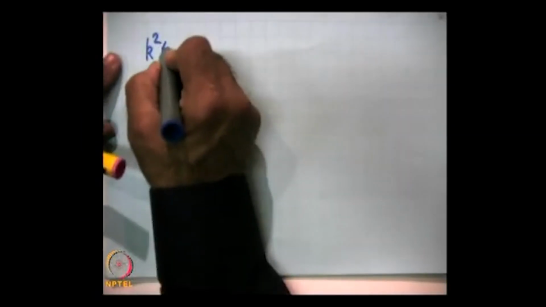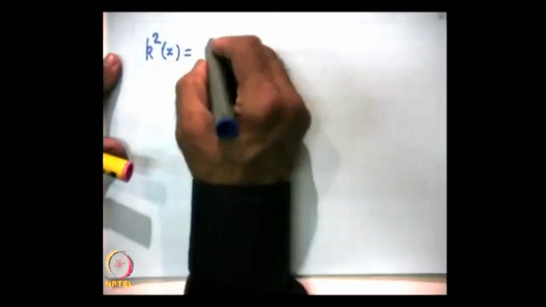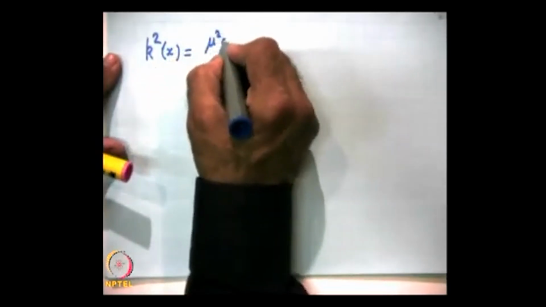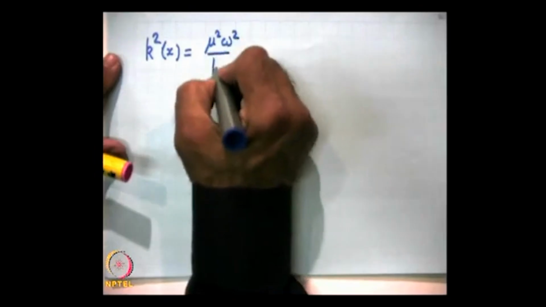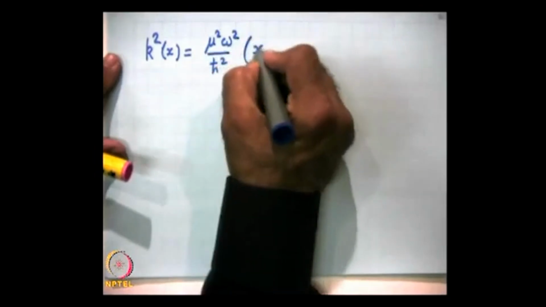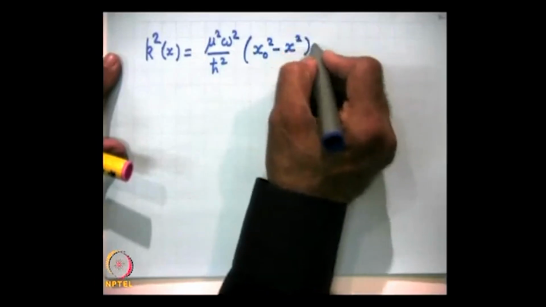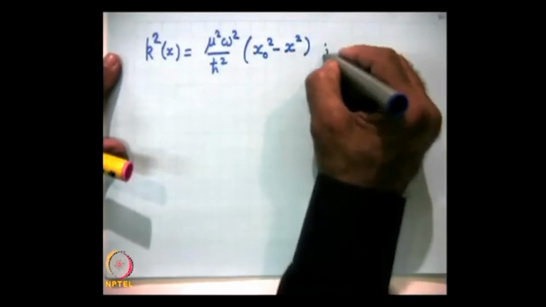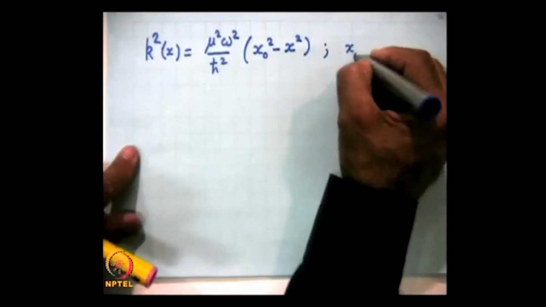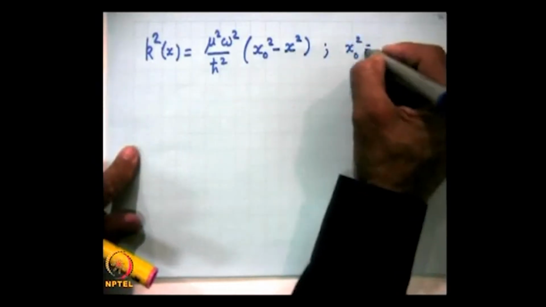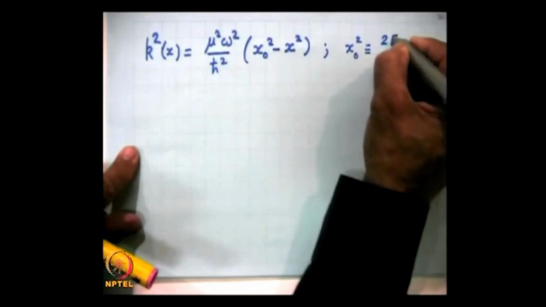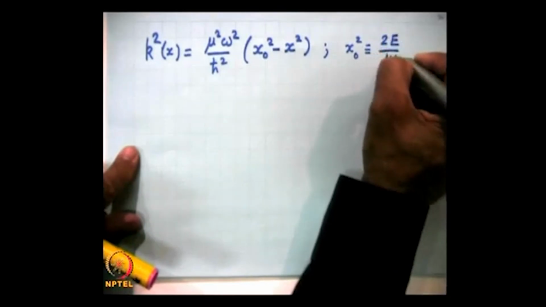So, let me write down carefully that k square of x is equal to mu square omega square by h cross square times x naught square minus x square, where x naught square is defined to be equal to 2E by mu omega square.